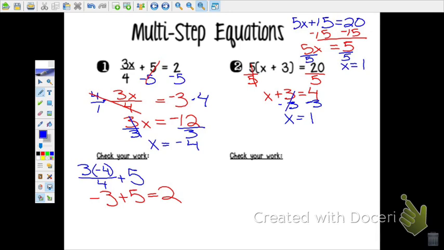Okay. So sometimes, depending on the problem, you might work it one way or another. If my 20 would have been, let's say, a 28 instead, when I went to divide by 5, okay, 5 doesn't go into 28.